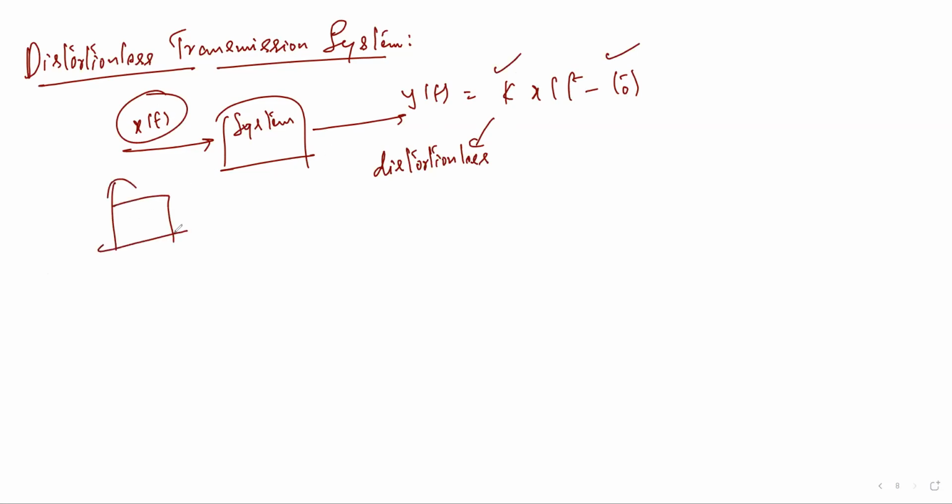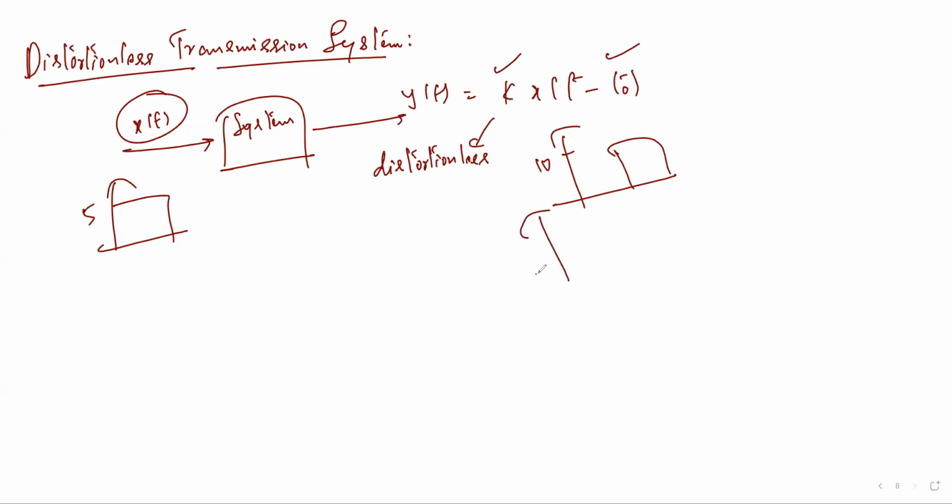If you transmit this signal and you get this signal here, that is not a transmission error. If you transmit this signal with amplitude 5 and receive it at amplitude 10, that is also not a distortion.